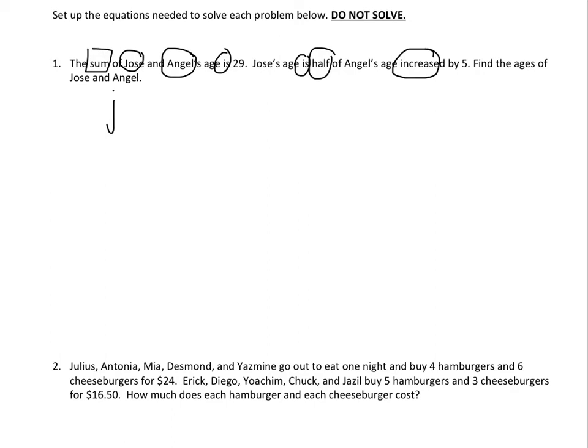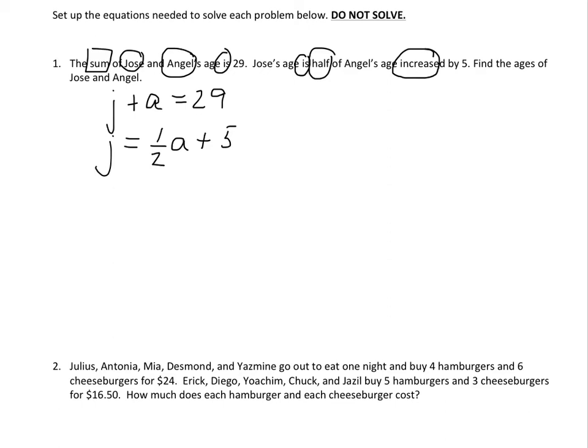Sorry about that. Jose plus Angel is 29 years old. Jose is half of Angel's age, so 1/2 A increased by 5.